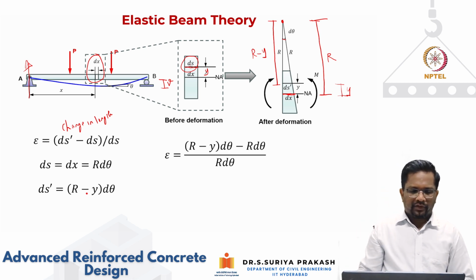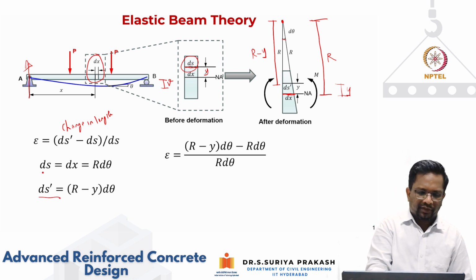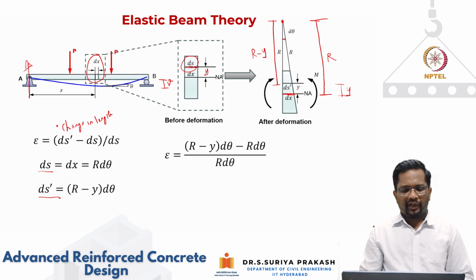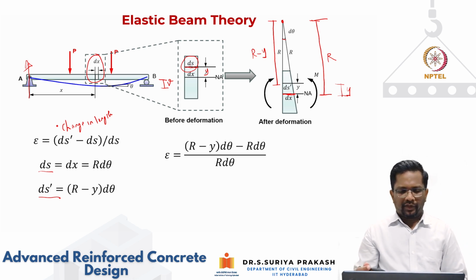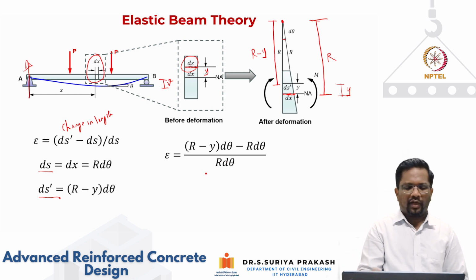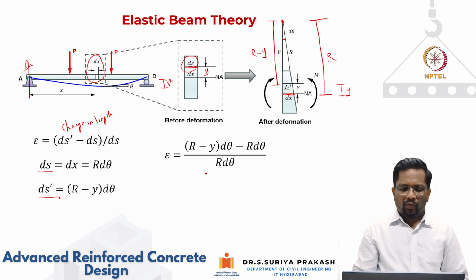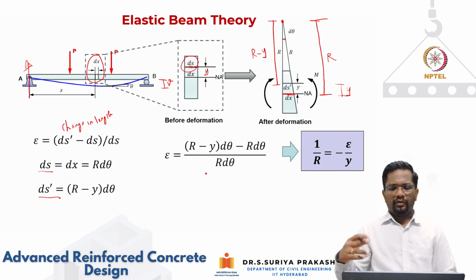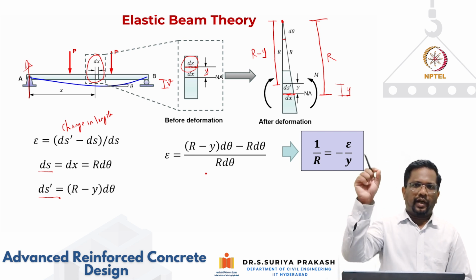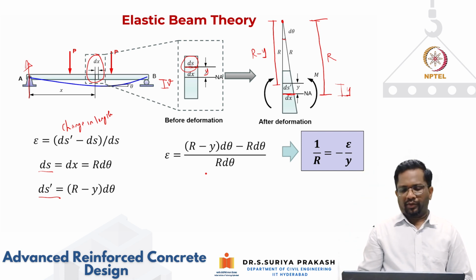Now if you substitute for ds and ds prime into the strain equation, you will find that the strain is nothing but r minus y into d theta minus r d theta, divided by the original length, which is r d theta. Why are we doing this exercise? We want to relate the radius of curvature to strain and the distance of the fiber that I am looking at.